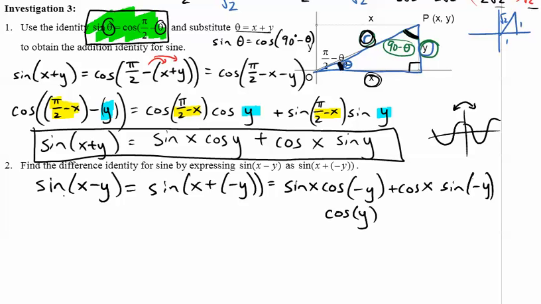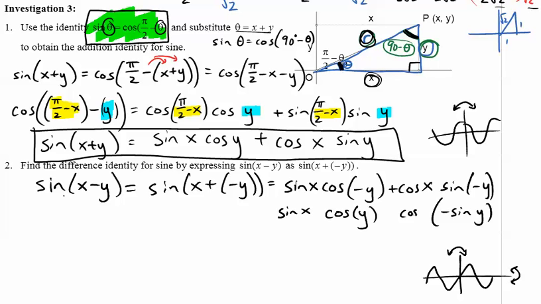For the sine of negative y, when we flip a sine around and reflect it across the y-axis, then it does change shape. It becomes the same as negative sine of y. That's just saying flipping it around the x-axis is the same as flipping it around the y-axis. Okay, and then we can leave our sine x and cosine x the same.